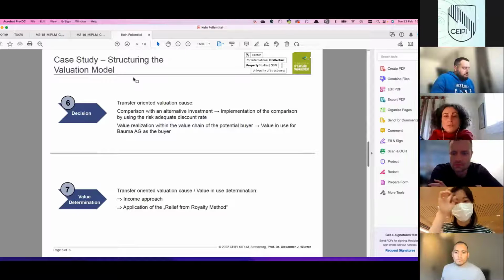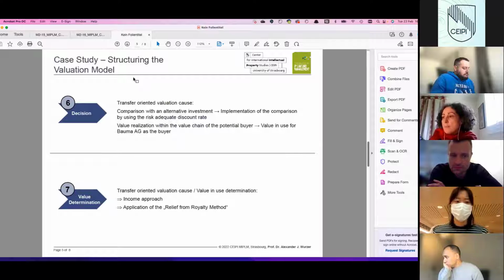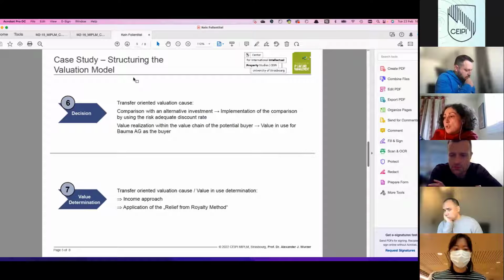Okay, so in order to make a decision about this valuation, Baume has to identify an alternative. Even if we could choose not to buy the Schneider firm, it could also use the money for an alternative investment.